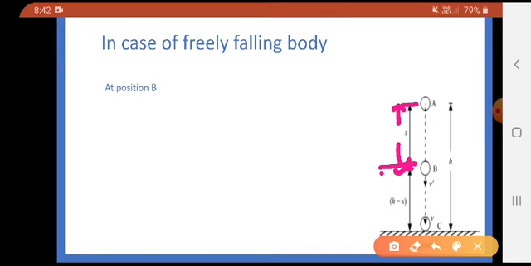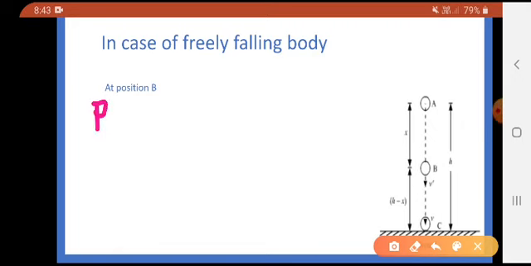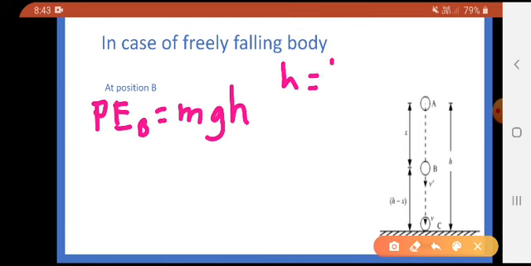At position B, the body is falling down. So at position B, what is the potential energy? Potential energy at B equals mgh, but this h equals h minus x. See the figure.